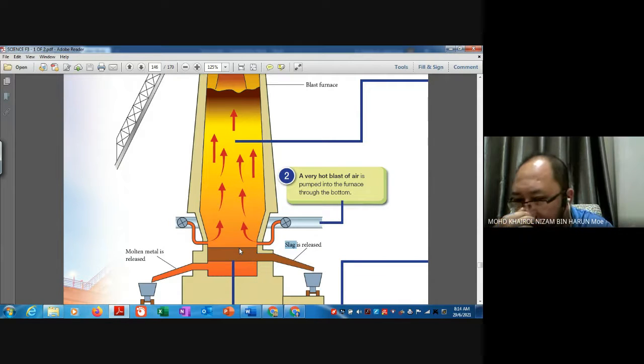Impurities mean other than iron. All of this will accumulate, and when they melt, they will be collected at a different part.